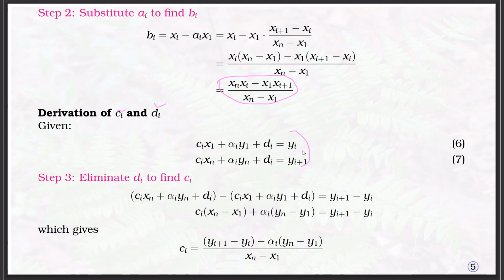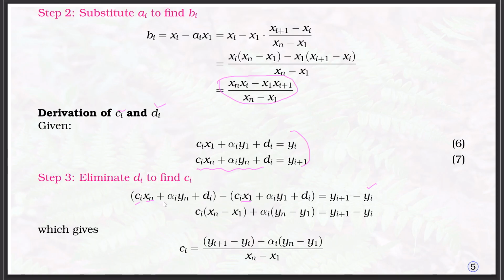Now for the simple case, one can subtract this equation minus this equation: Ci x1 plus alpha i y1 plus Di, yi plus 1 minus yi. So always we can subtract the higher from the lower. Then one can take Ci as common here, so one can get xn minus x1.